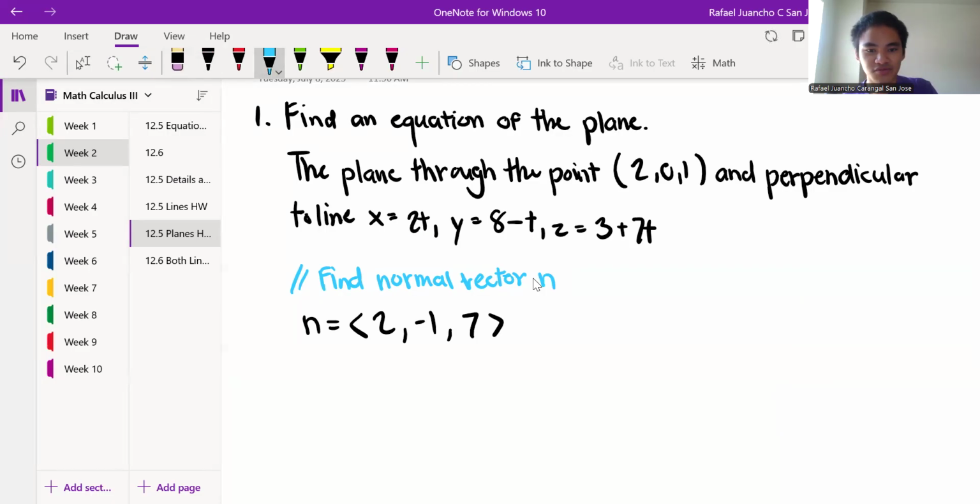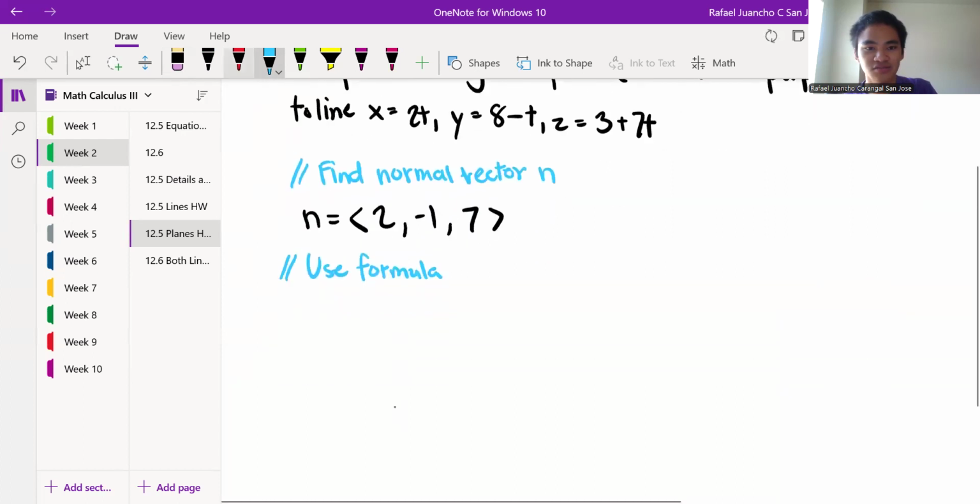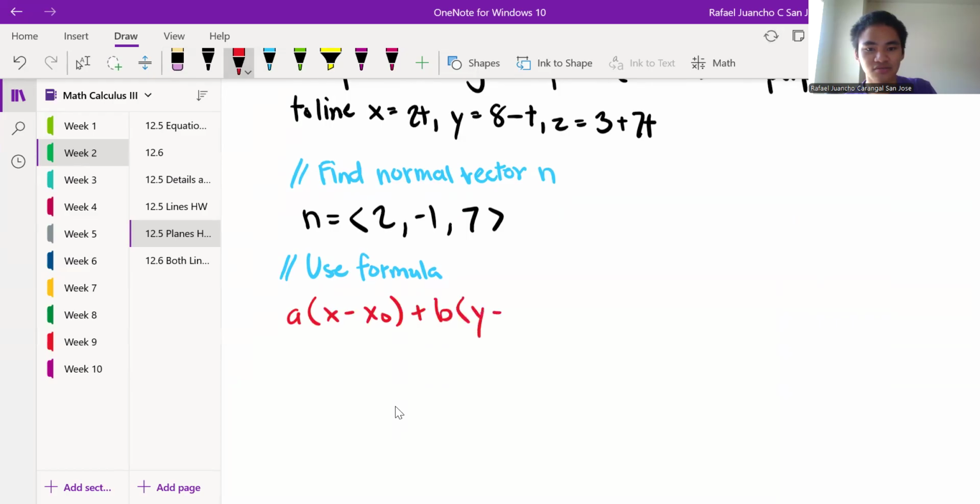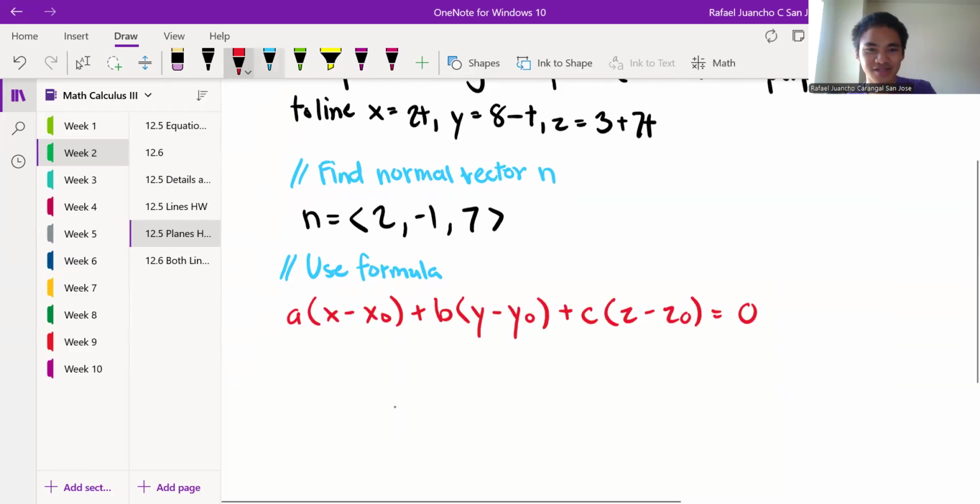Now we just use a formula for the equation of a plane. So it's really all about recognizing these things, memorizing the formulas, and then just plugging it in.